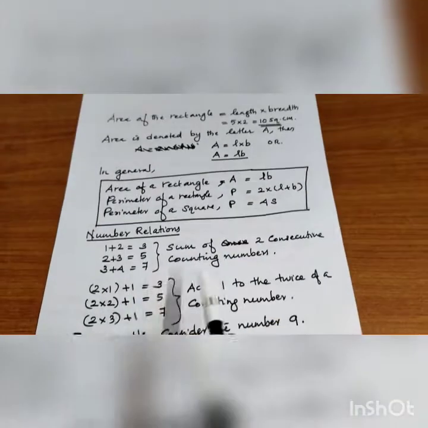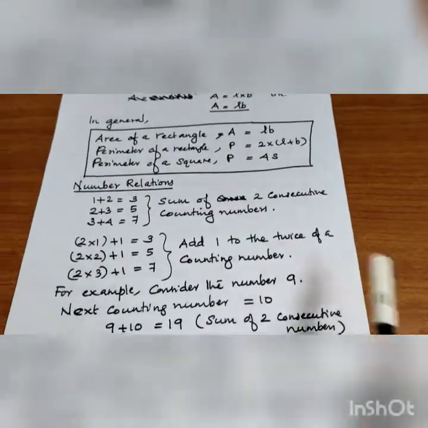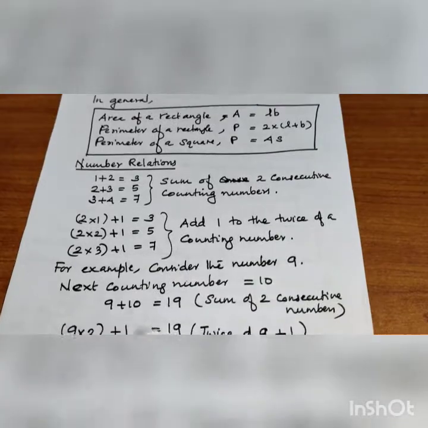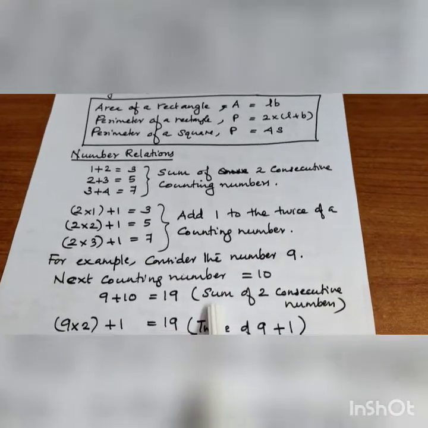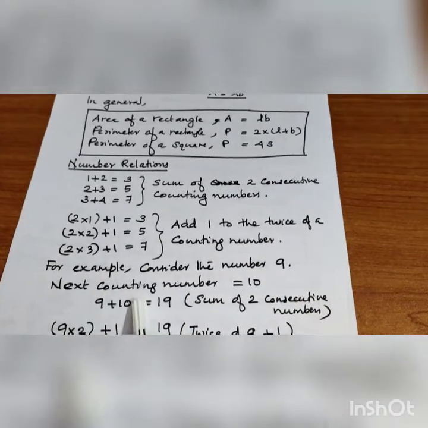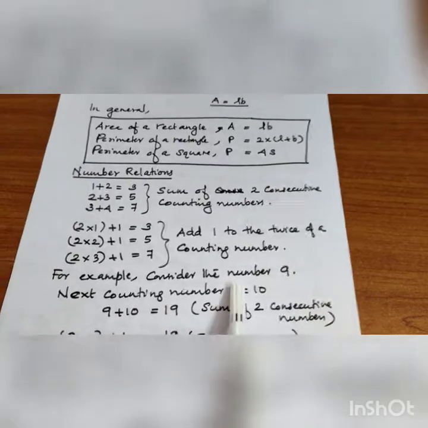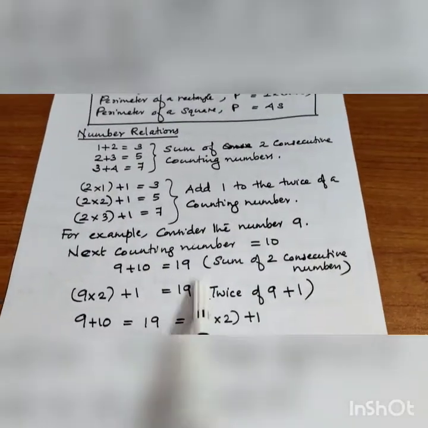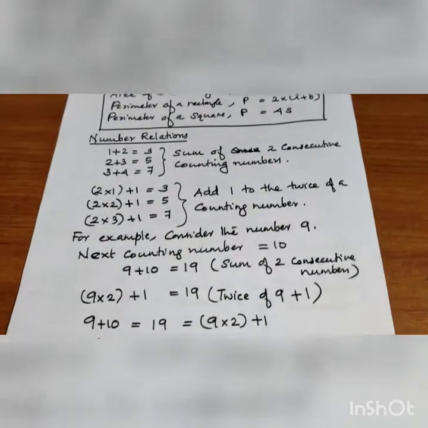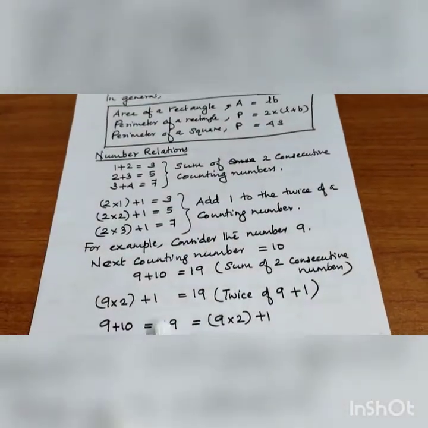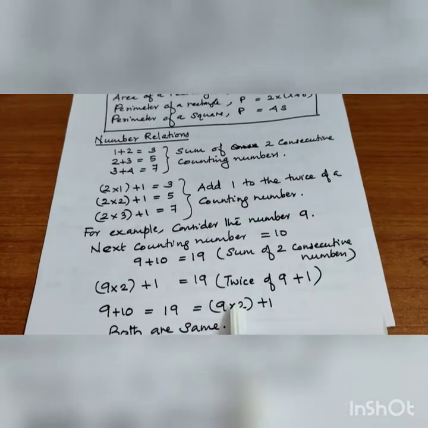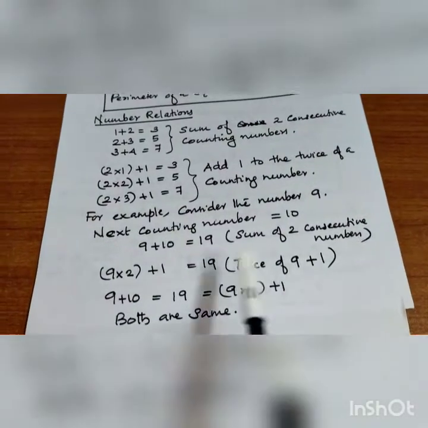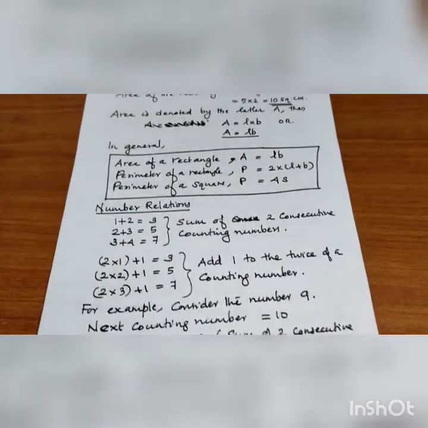For example, consider the number 9. The next number is 9 plus 1, 10. A sum of 9 and 10, 19. Then first we take the number as 9. Twice of 9, 9 into 2, that is 18. Plus 1, 19. Both are same. That is 9 plus 10 is equal to 19. Also 9 into 2 plus 1 is also same.